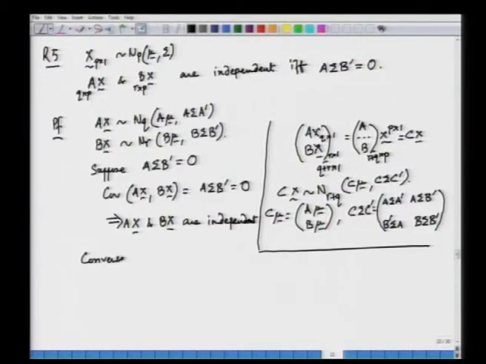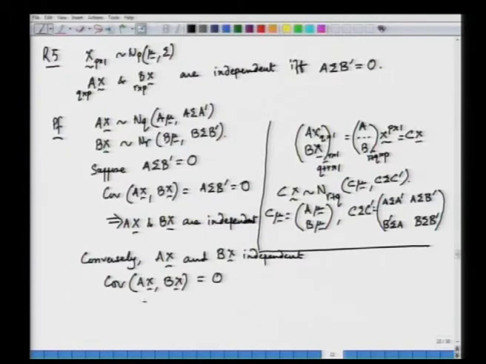Then we have the converse part, which is really simple. Suppose Ax and Bx are independent. Whether they are multivariate normal, I do not care about the distribution. I will always have the covariance between Ax and Bx as a null matrix, and because this covariance is nothing but A sigma B transpose, this implies it is null.